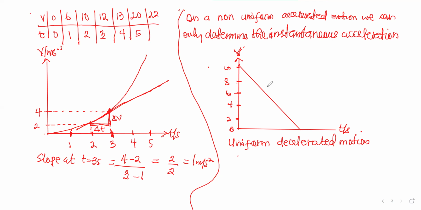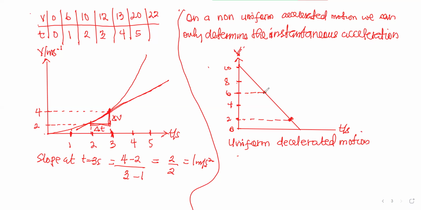Let's calculate. If we pick any 2 points and want to find the slope, let's pick these 2 points, 6 and 2.